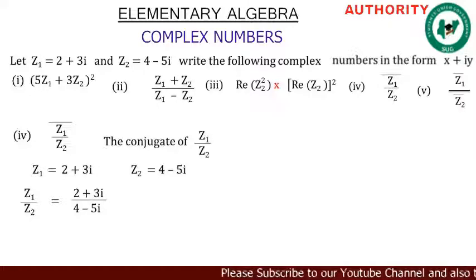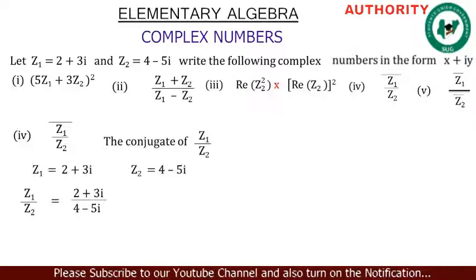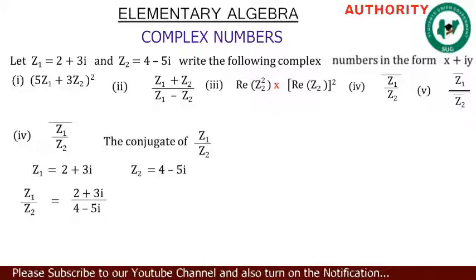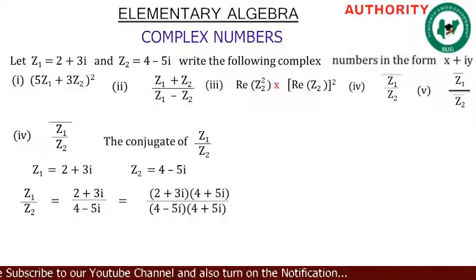So for us to solve this, we're going to have 2 plus 3i all over 4 minus 5i. Let's multiply the numerator and the denominator by the conjugate of the denominator. So we're going to have 2 plus 3i in bracket times the conjugate of the denominator, which is 4 plus 5i, all over 4 minus 5i times 4 plus 5i.